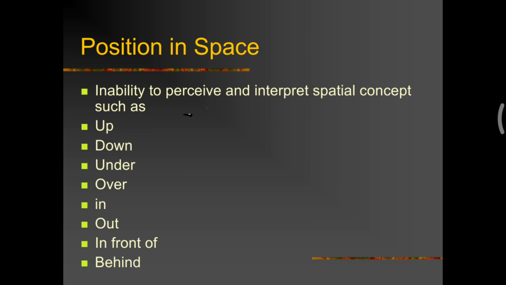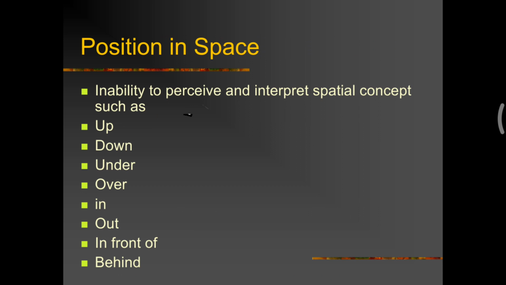This is very similar to position in space, right? So in position in space, what happens is, say for example, a person is cooking in his kitchen, and you ask him to pick up a bottle of pepper or a bottle of salt, they might be having a lot of difficulty in reaching for an object, because they might be having a lot of difficulty in identifying in which part of the space that particular object is.